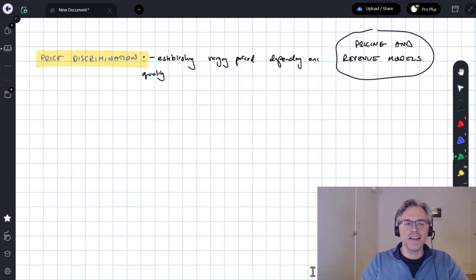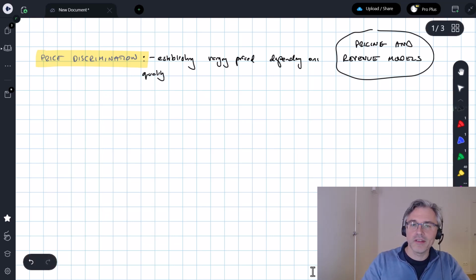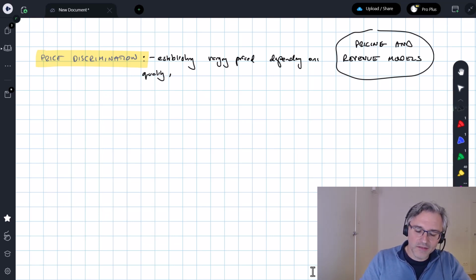At the end of the day, the plane gets us from A to B, but maybe with different features and quality aspects, and some people will pay extra to be in business or premium class.